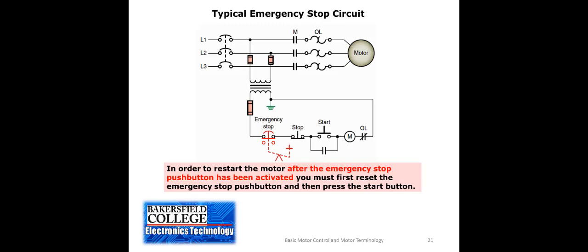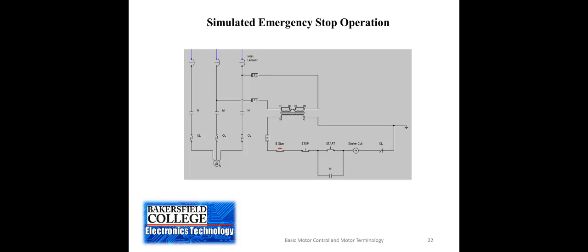It sticks out from the surface of the control panel or the enclosure, and it will stay off until it has been reset. Here's the same type of circuit that's shown on the constructor software, and you'll just see where it goes in the 3-wire control configuration.